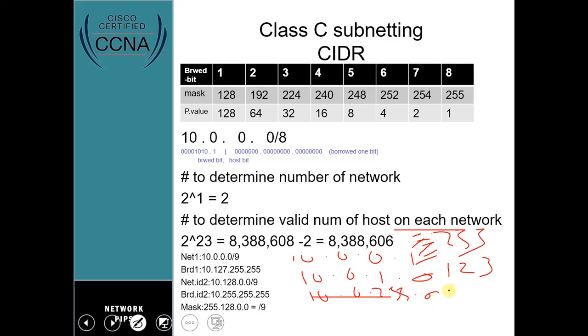This is a valid address. Then if you want to roll over to this one now, it will become 10.1.0.0, and so on and so forth. So this is how the address range will go. You understand? These things are very easy.